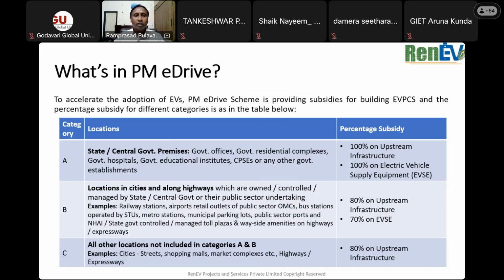The second one is highways. Like we discussed yesterday, we talked about destination charges as well as transit charges.